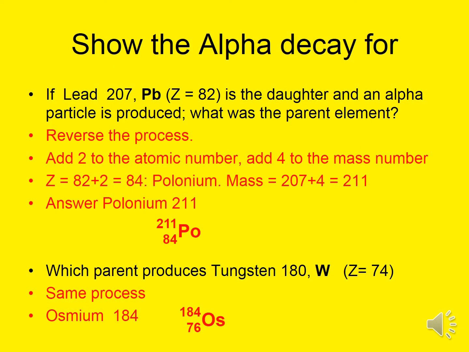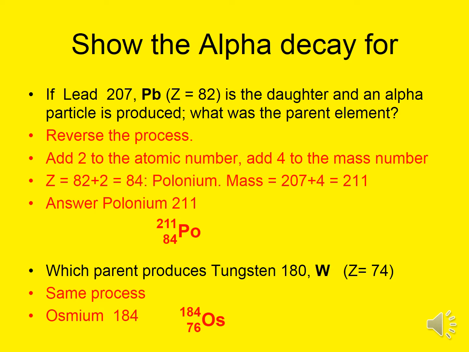Going the other way around, if lead is the daughter, lead 207 isotope is the daughter of an alpha particle, what was the parent element? So you reverse the process and add 2 to the atomic number and add 4 to the mass number. So the atomic number will increase from 82 up to 84, which is polonium, and you add 4 to the mass number, that is 211.